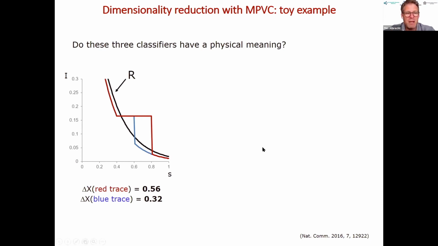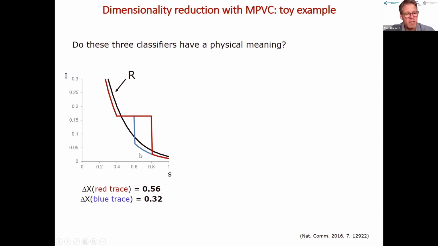Let's have a look at a toy example. The reference vector is shown here. That's just the black curve, an exponential decay of the current distance curve. Then I've constructed two example traces. The red trace here shows first an exponential decay, then a plateau, and then a break off. And then we've got the blue trace, which shows the same plateau height, but a shorter break off distance.